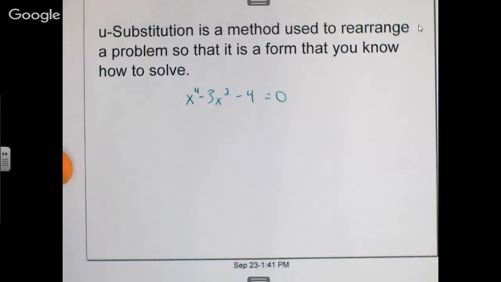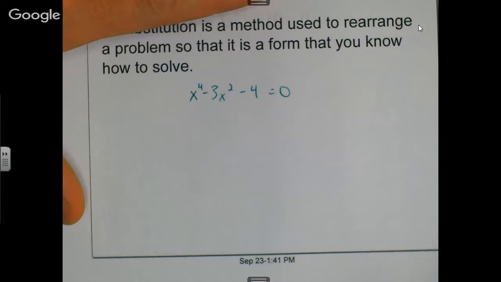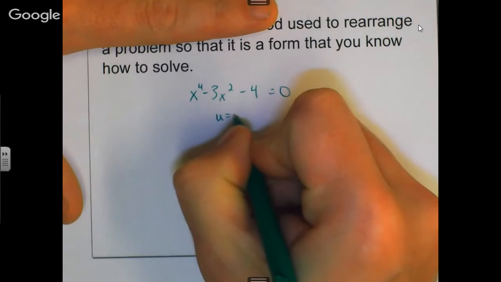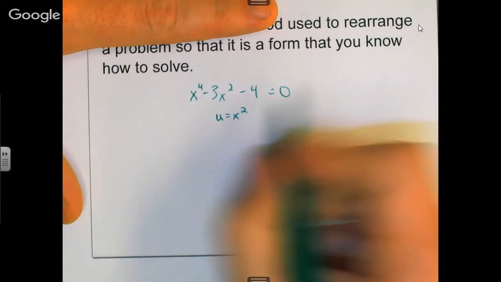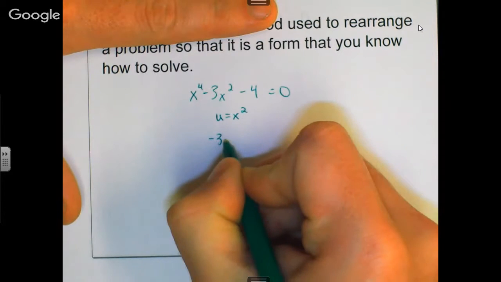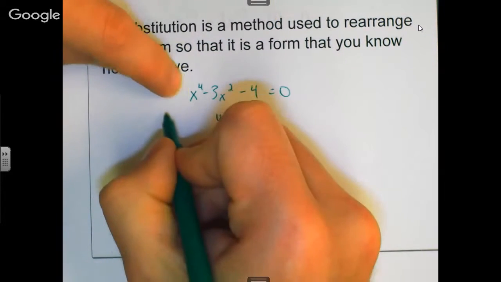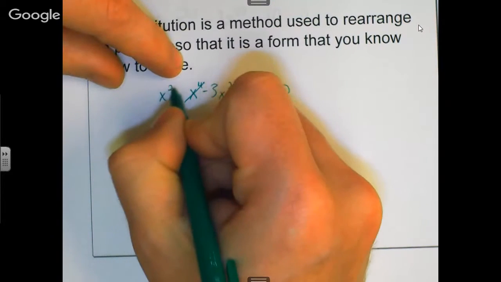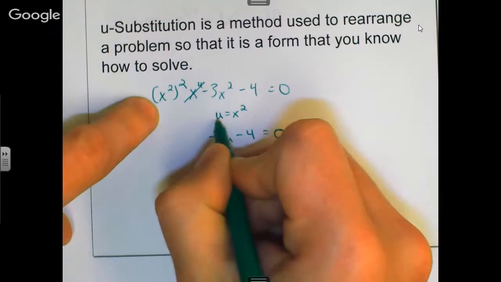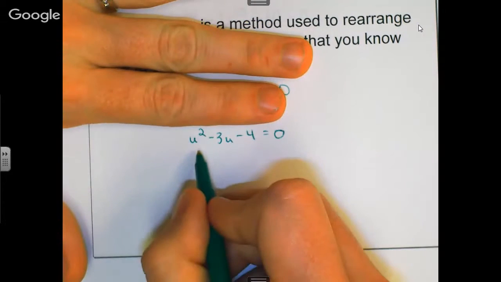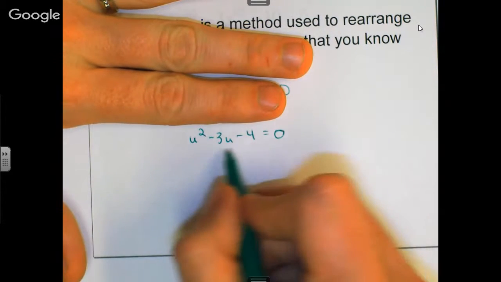Okay, we know how to factor that, but let's just use U-substitution to work it out. So I'm going to let u equal x squared because I want to get rid of that. So I have minus 3u minus 4 equals 0. And this x to the 4th, that is the same as x squared squared. So we'll plug the u in, and we have u squared. Now it's very easy to see that that is a quadratic, and we can factor it.